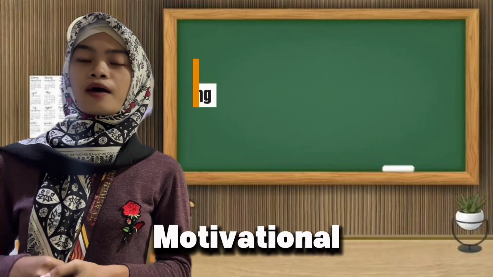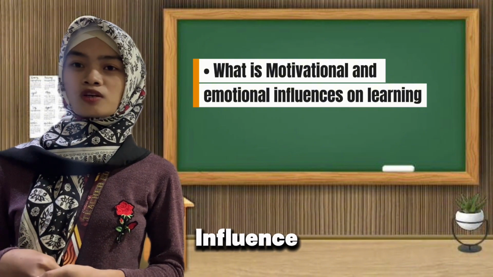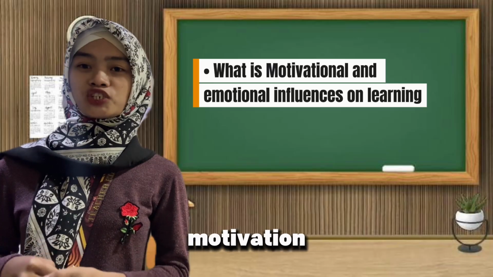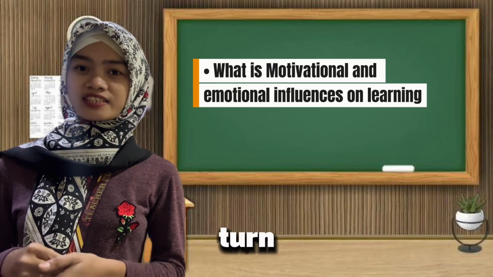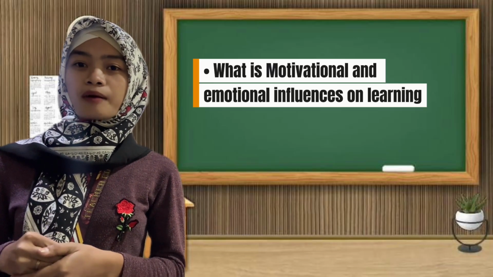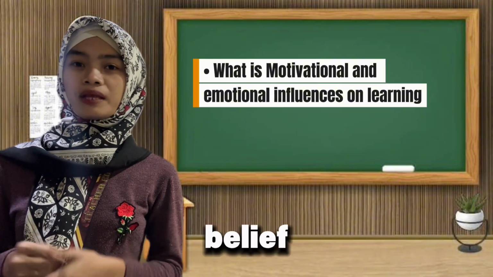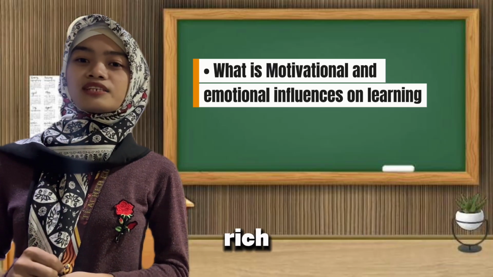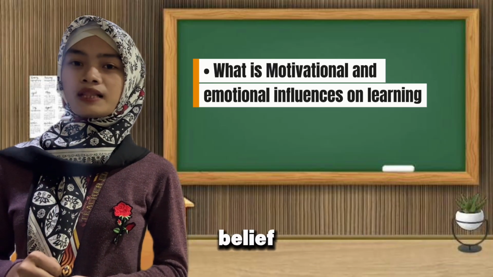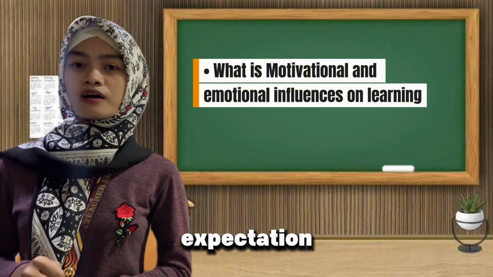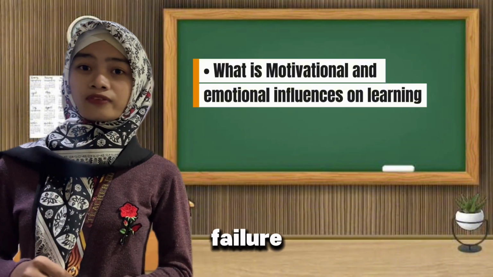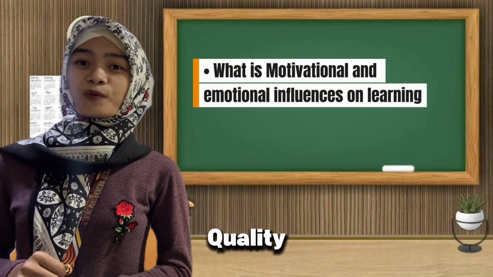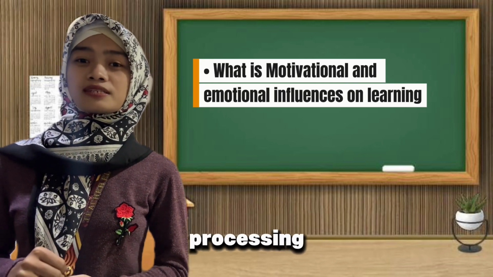And the last one, motivational and emotional influences on learning. What and how much is learned is influenced by motivation. Motivation to learn, in turn, is influenced by the individual's emotional state, beliefs, interests, and goals, and habits of thinking. The rich internal world of thoughts, beliefs, goals, and expectations for success or failure can enhance or interfere with the learner's quality of thinking and information processing.